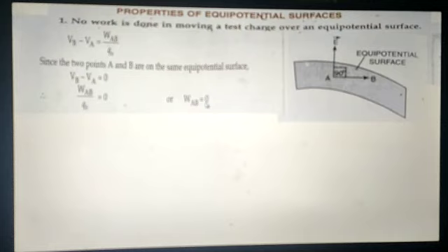WAB is the work done to move Q0 charge from point A to B. Whatever charge we choose, the work done will always be 0. Here in this example, we have chosen Q0 charge, and to move it from point A to point B, the work done is 0. So we always say that whenever we move a charge from one point to another on an equipotential surface, the work done is 0. Okay.